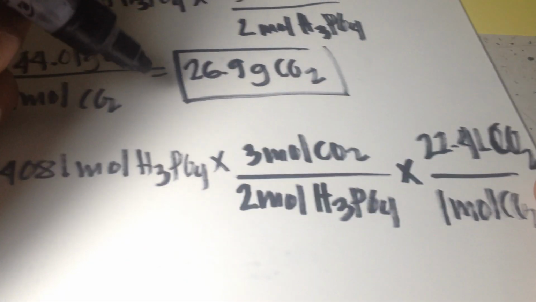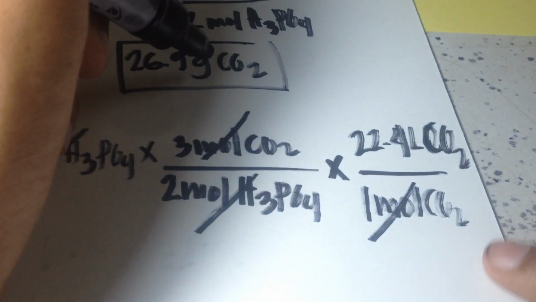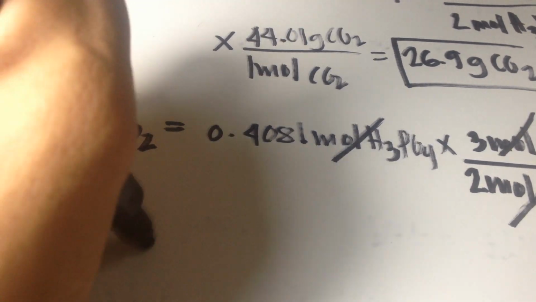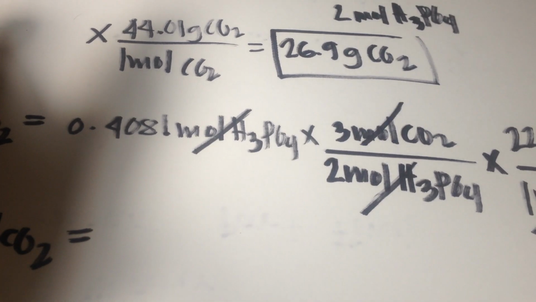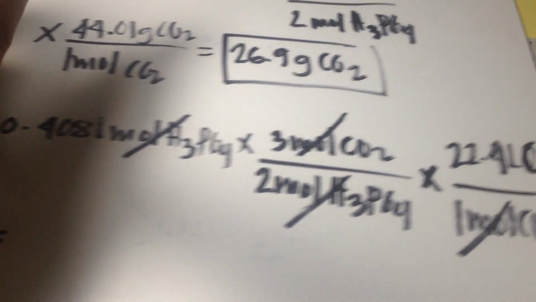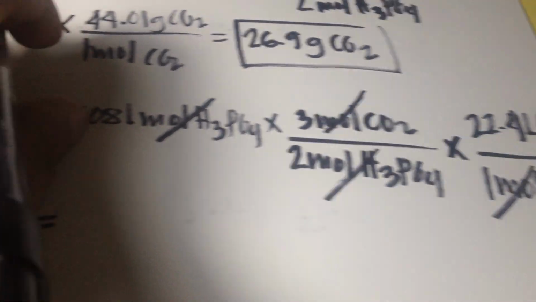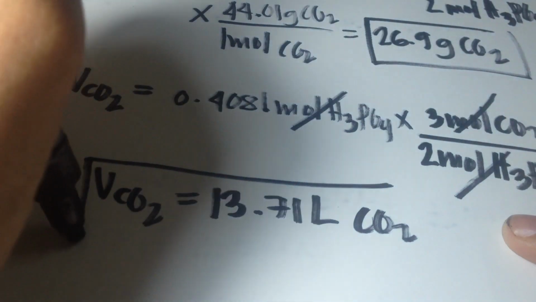Let's cancel out the phosphoric acid and the moles of carbon dioxide, and what is left is liters. So the volume is 0.4081 times 3/2 times 22.4 liters equals 13.71 liters of carbon dioxide. So that is your final answer.